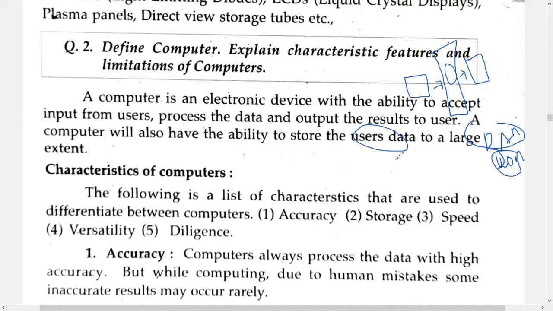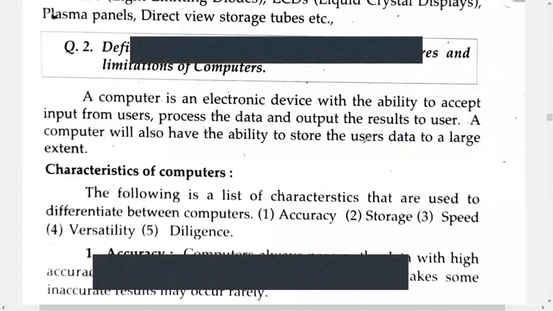Continuing the session, what are the features and limitations? The features are plenty. Even Android is one such platform. These mobile phones can be called portable computers, so they are playing a very important role in our life. So what are the characteristics of computers?